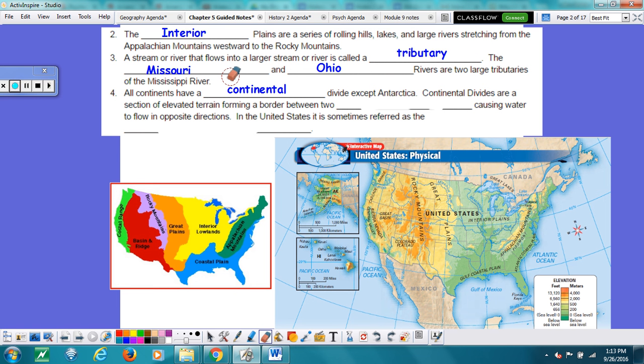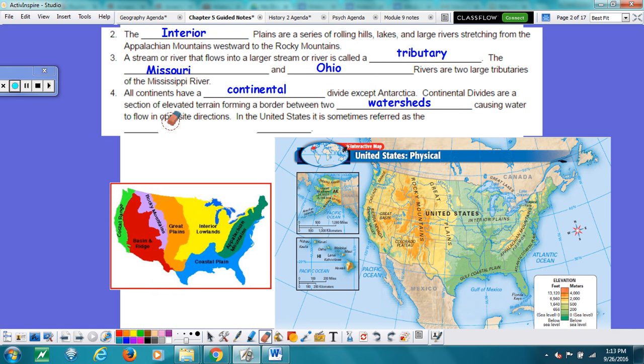The continental divide basically is a section of elevation or elevated terrain forming a border between two watersheds, causing waters to flow in opposite directions. Here in the United States, we typically look at like the Rocky Mountains.